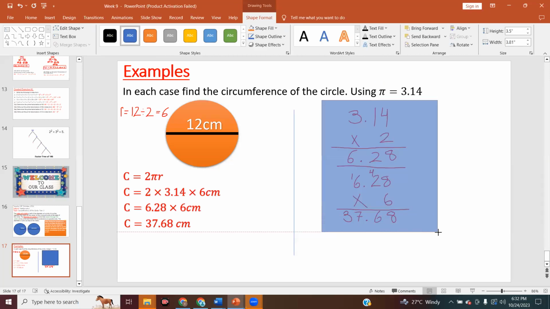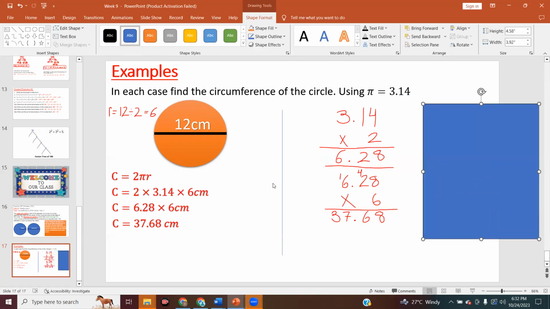All right, so Javin, this is what we did. The first thing we need to do is find the radius, because the formula for the circumference of the circle is 2 pi r, where r is the radius. They gave us the diameter, but we don't want the diameter, we want the radius. So we have to divide 12 by 2, because the radius is half of the diameter. So we divide by 2 to get 6.